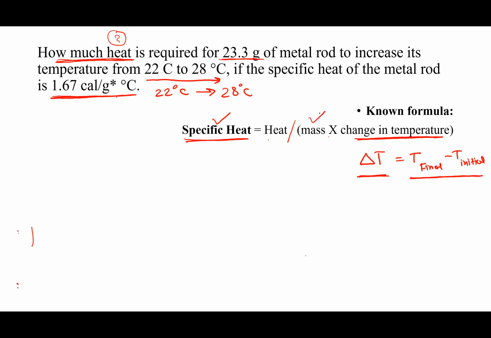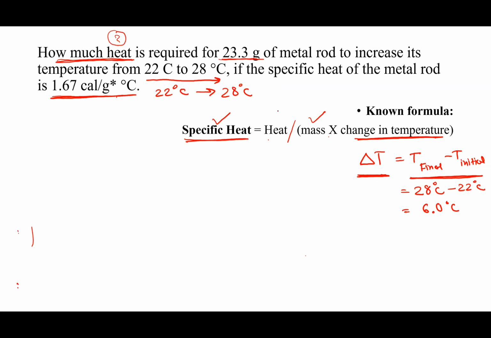We have the mass, which is 23.3 gram. We have two values for delta T. So if we apply that formula, delta T is equal to T final minus T initial. Final temperature is 28. Initial temperature is 22. So the difference is 6 degrees Celsius, right? Everybody agree? Yes, Professor. Right? Yeah, awesome.